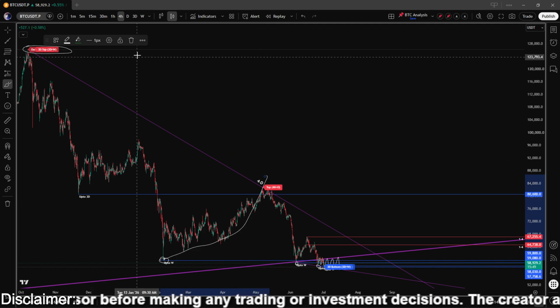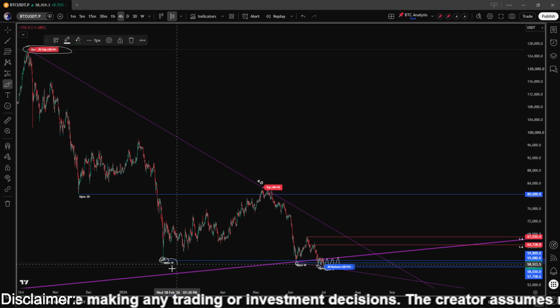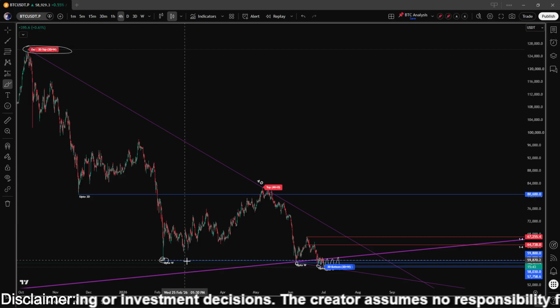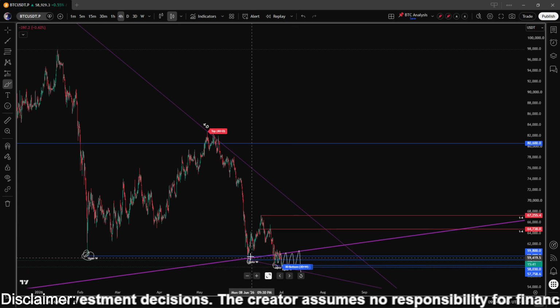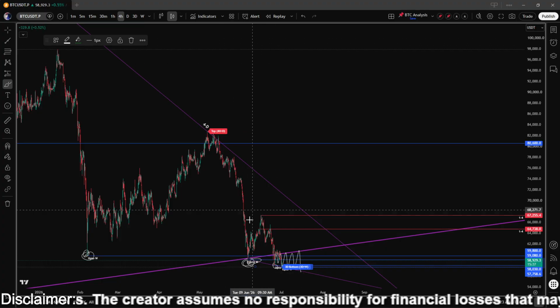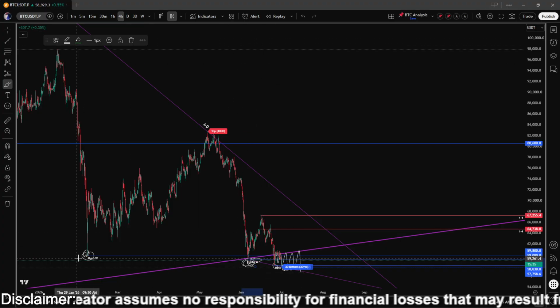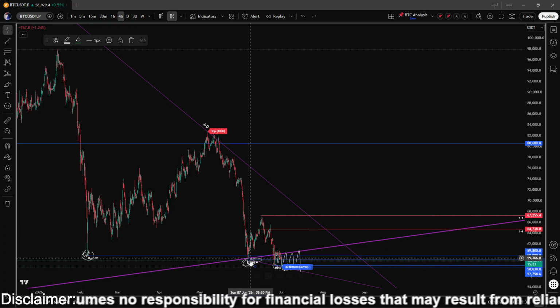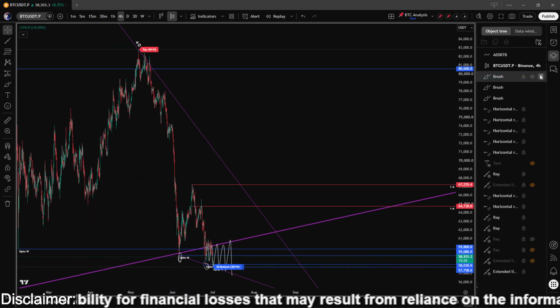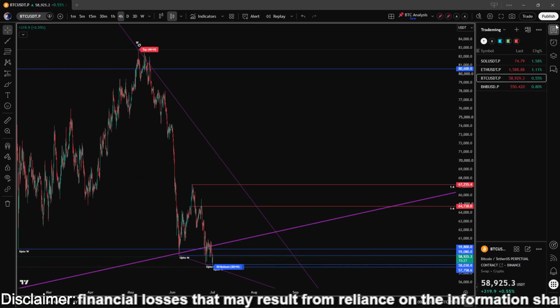When the price made a bottom here, which is this one, including all the time frames up until weekly, and here price made another bottom which includes the weekly also, but this bottom is not closed below the previous bottom.